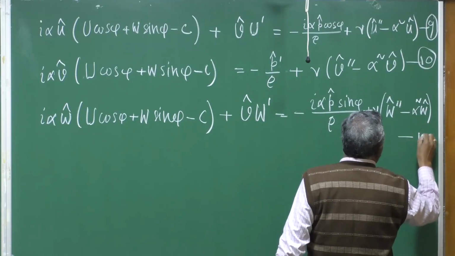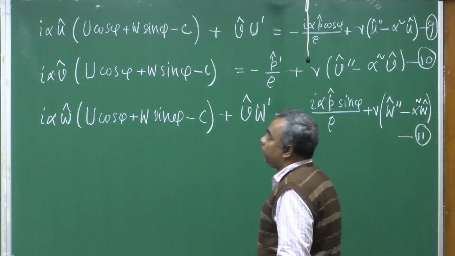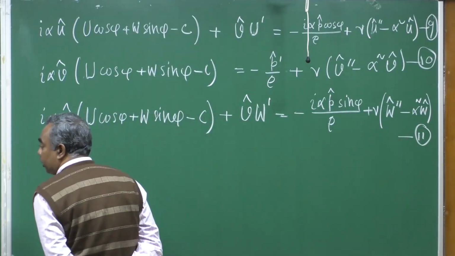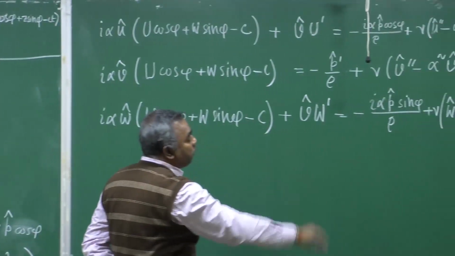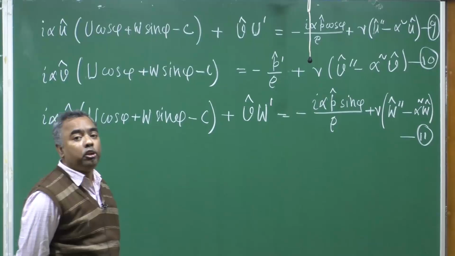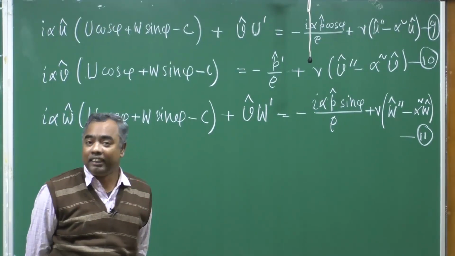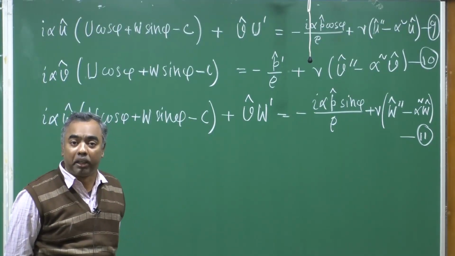Let us call this equation 11. So, these are the 4 equations, 8, 9, 10 and 11, we got from equations 2, 5, 6 and 7 using the normal mode expression.